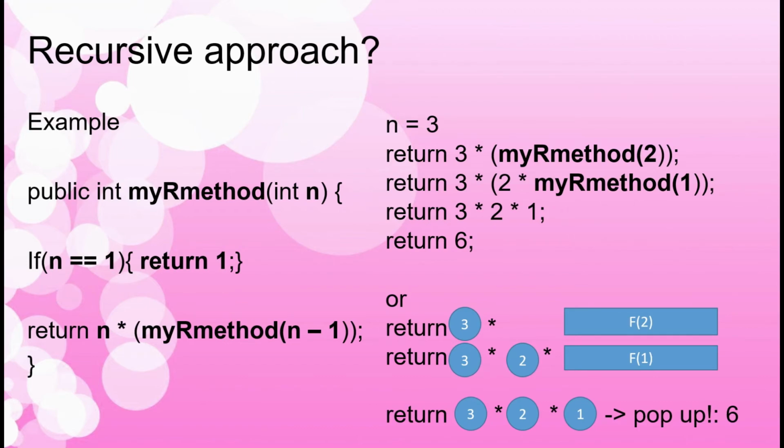A recursion is like we take a result, we save it to the stack, so it goes to the bottom line, and then you just repeat this method recursively, and then the next result you save to the stack, and you continue on. And when you are ready, you just pop up the stack and you use all the saved results.